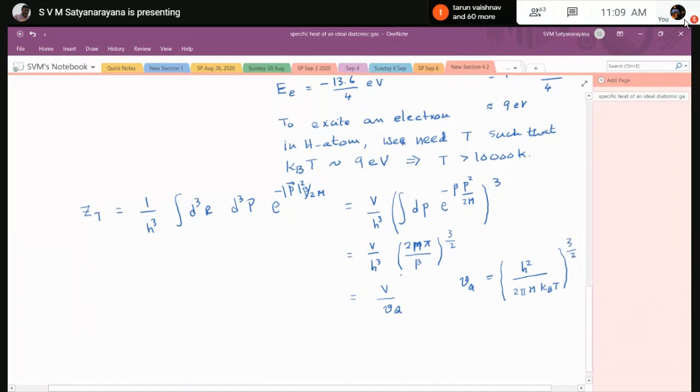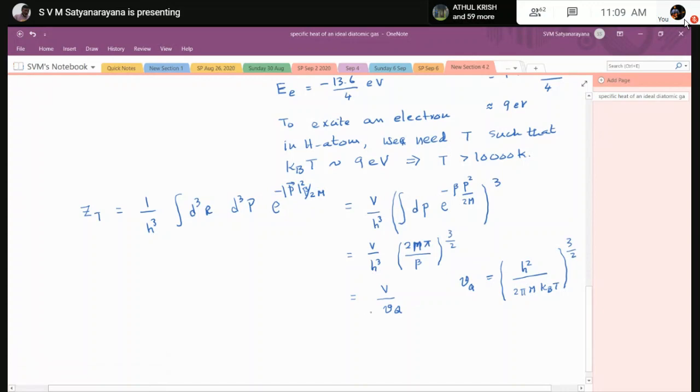Now I want you to just remember that whenever you have a momentum integral, this just kinetic energy integral over momentum with this 1 by h cube, you will always get this VQ or lambda cube.